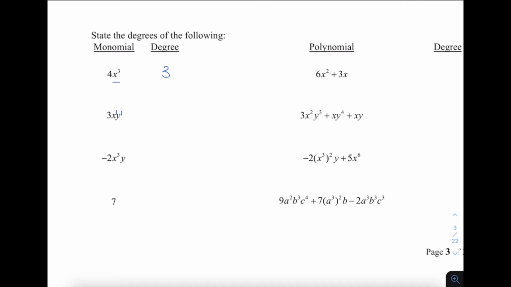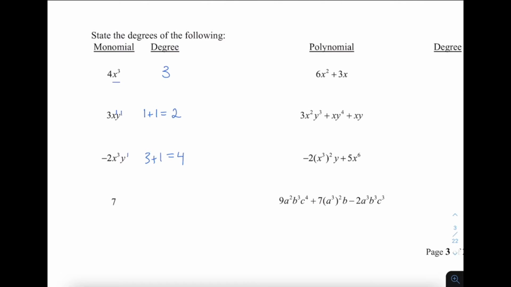So I ignore the coefficient of 3, and all I do is look at the exponents and add them together. So the degree of this monomial is 2. In the next case, the degree of my monomial is 3 plus 1, which is 4.